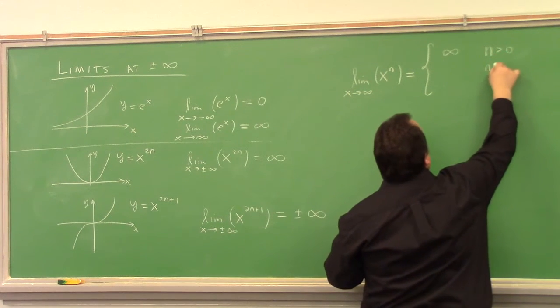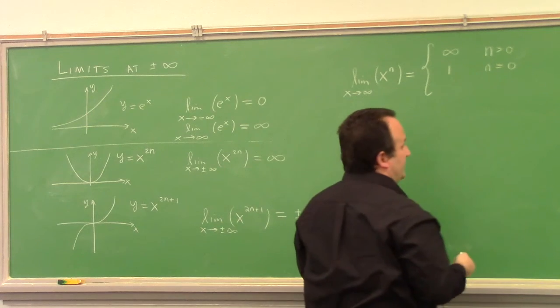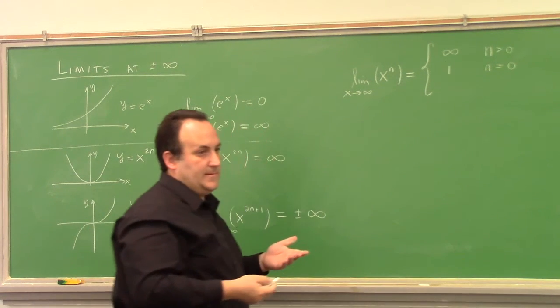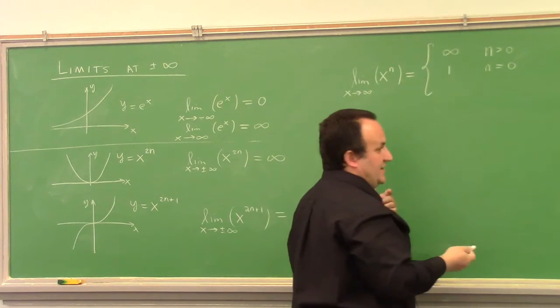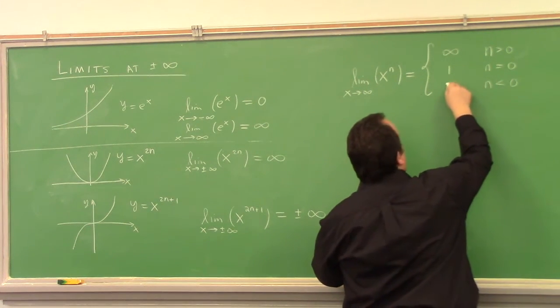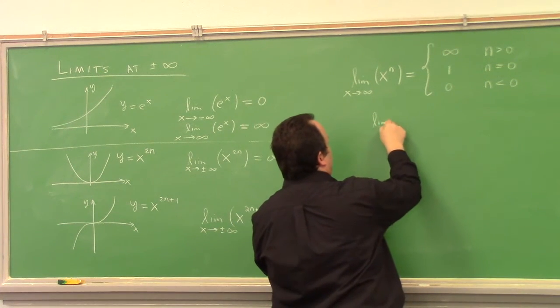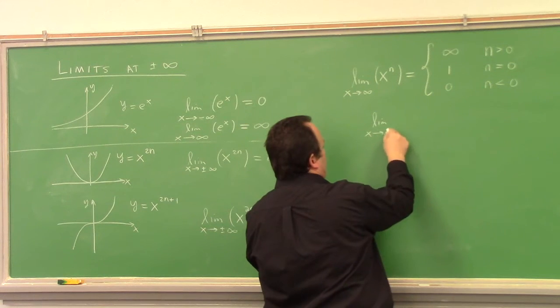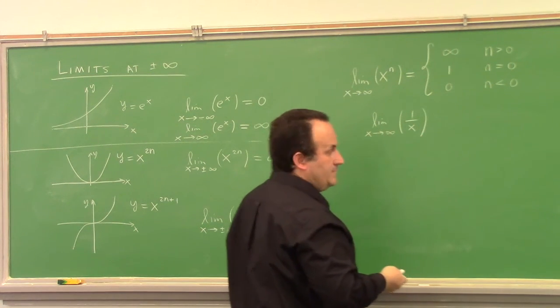If n is equal to 0, we get 1, because x to the 0 is 1. And on the other hand, if n is negative, you get 0. So for example, the limit as x goes to infinity of 1 over x.